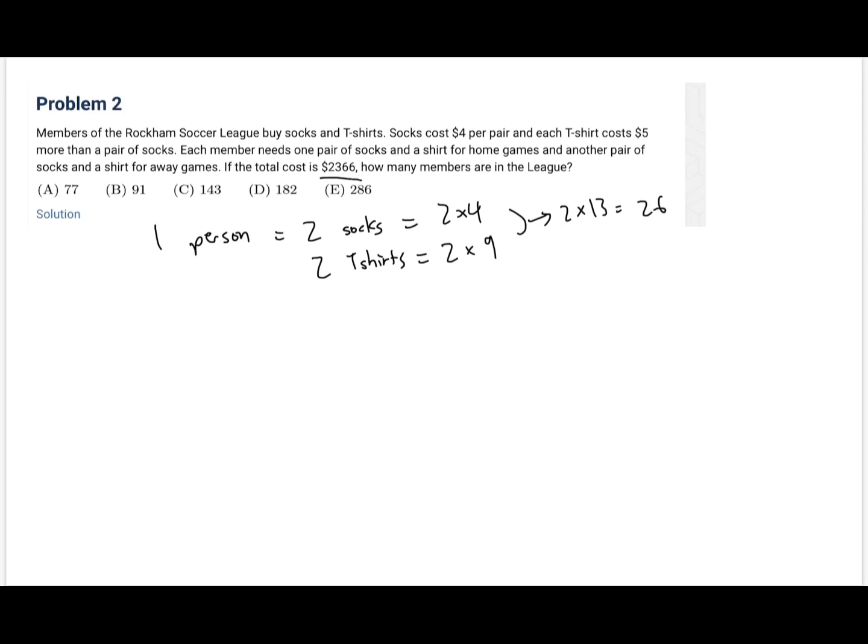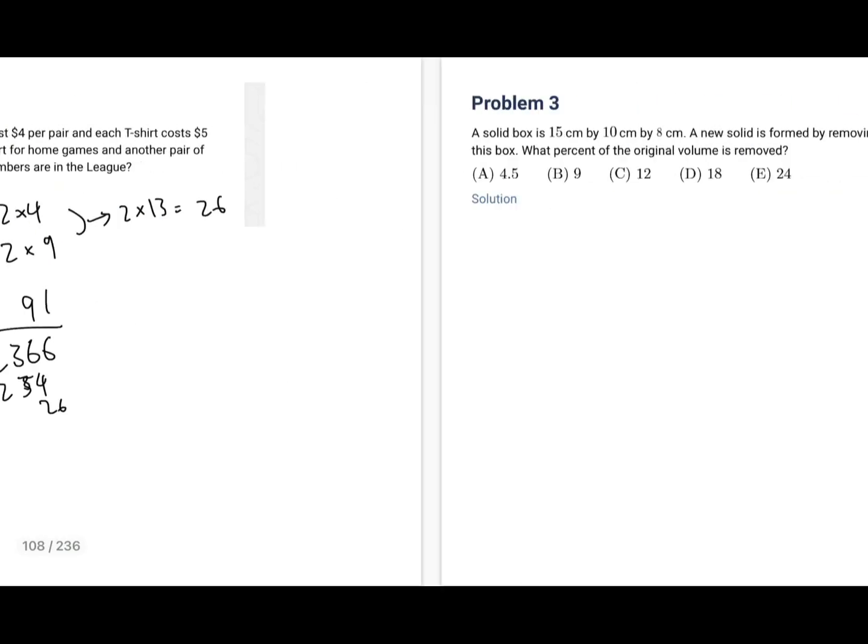Since the total cost is this much, we have to divide by 26. So 2,366 divided by 26 gives 91 people. The answer is B.